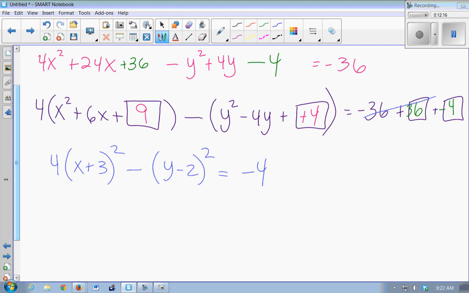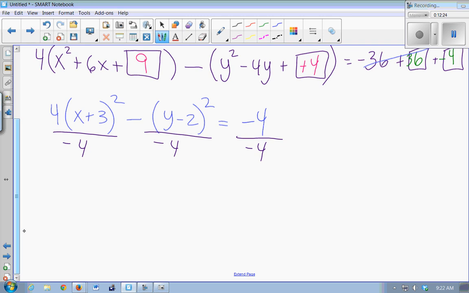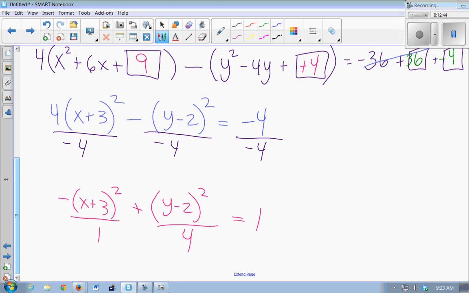So to make the right side 1, I have to divide every term on both sides by that -4. So over here I end up with -(x plus 3) squared over 1, and then here I have plus (y minus 2) squared over 4, equals 1.